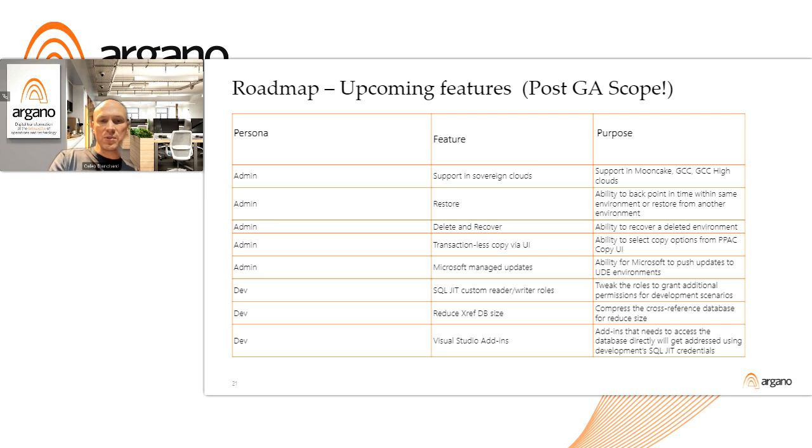They're looking to try to reduce the size of that cross-reference database for the reasons I mentioned, so that they can still utilize local DB for that. And then Visual Studio add-ins. So basically for add-ins that need to be able to access the database directly, we're going to address using SQL just-in-time credentials. And then we're going to jump into the demo.